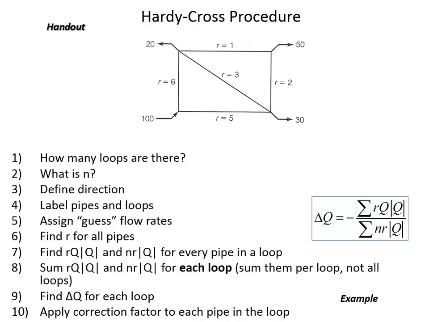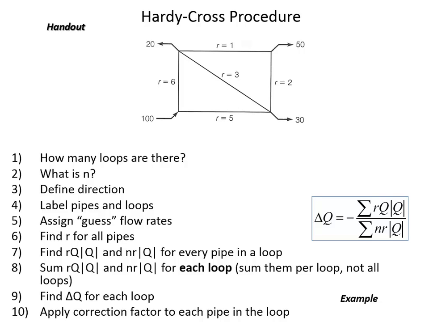The way you know you're done is when the delta Q's go away. When you keep doing this over and over again and there's no change from iteration to iteration, the solution is converged. In this example, the R's are given. It's kind of like how in the last homework assignment on the second problem the F value was given. Even though we know the F value depends on the flow velocity, we assumed some fixed F value.